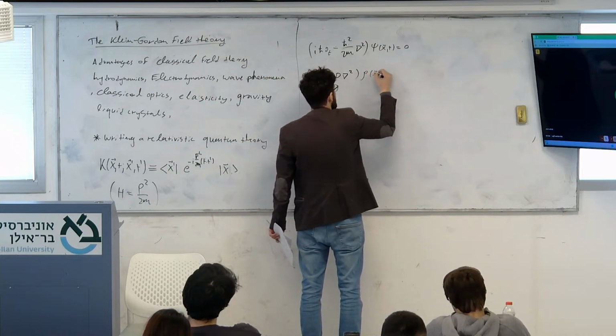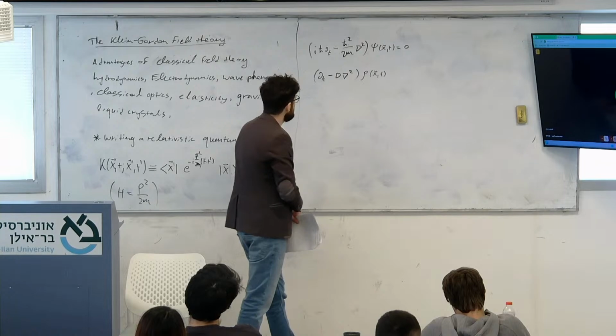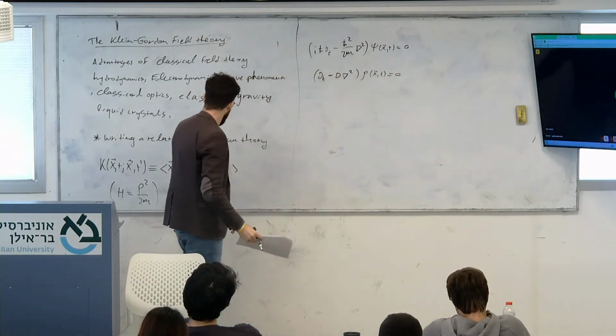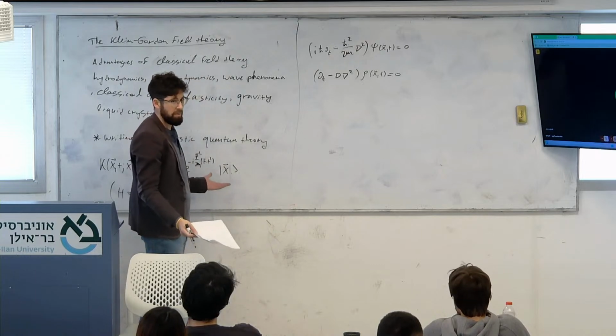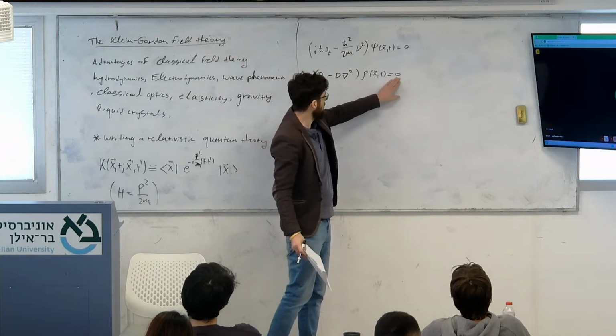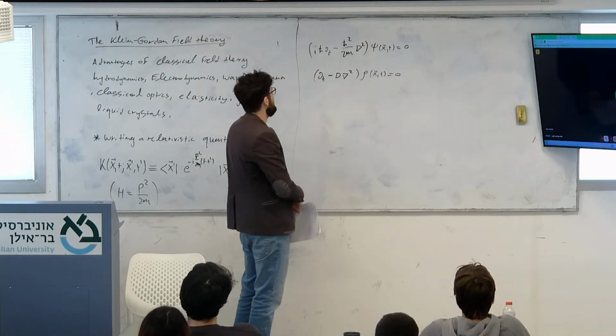Rho of x and t. We know that the propagator is basically the Green's function. They're the same thing, and the Green's function is the solution to a delta function source.